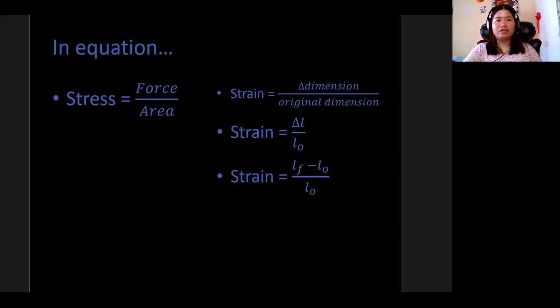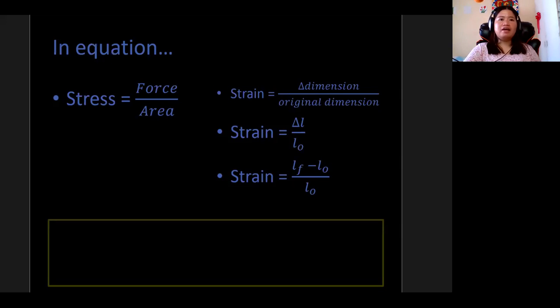So for the purpose of this presentation, I use L to represent length for the dimension, but that can be replaced by volume depending on what modulus you're trying to compute.